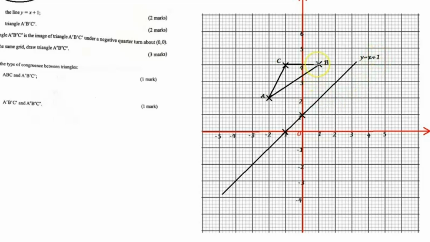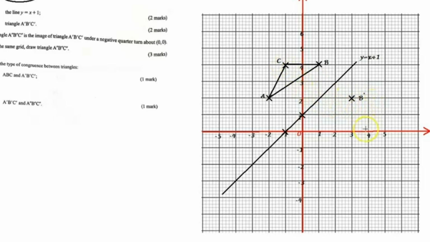Then from there, we need to draw the image of triangle ABC, and the reflection is this mirror line, y is equal to x plus 1, and therefore B will be mapped onto (-3, 2). So that is where we have B prime.